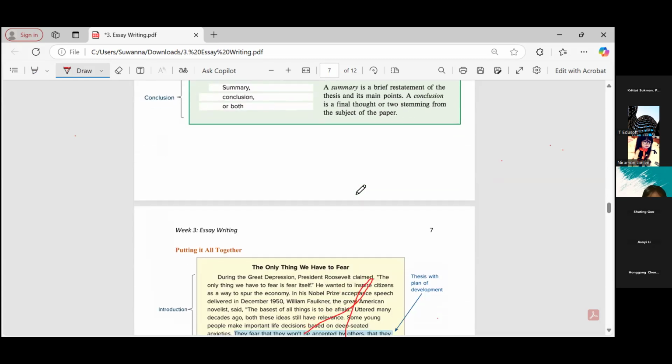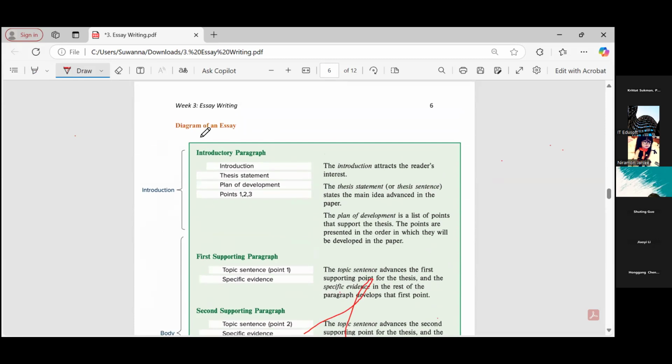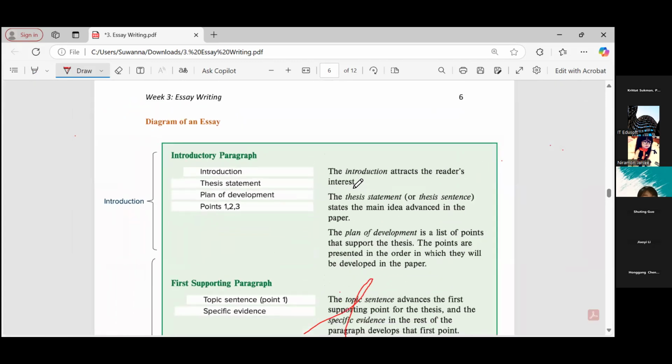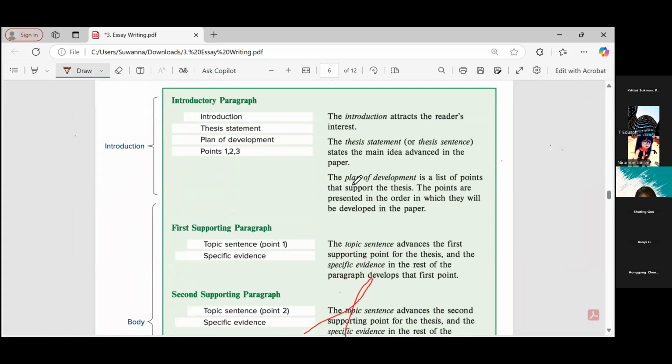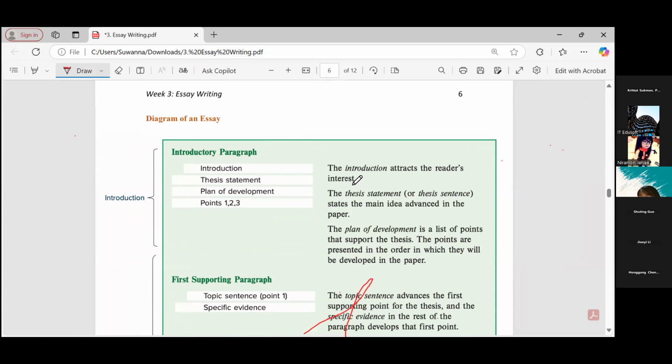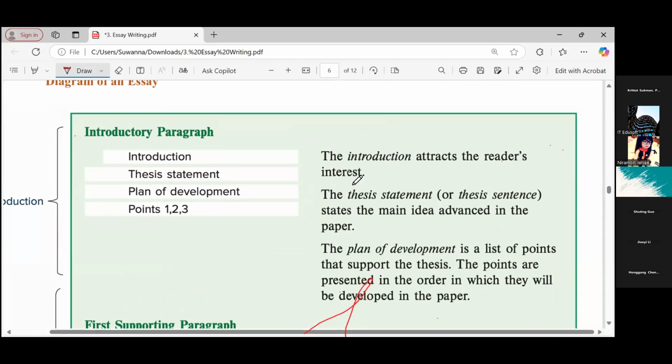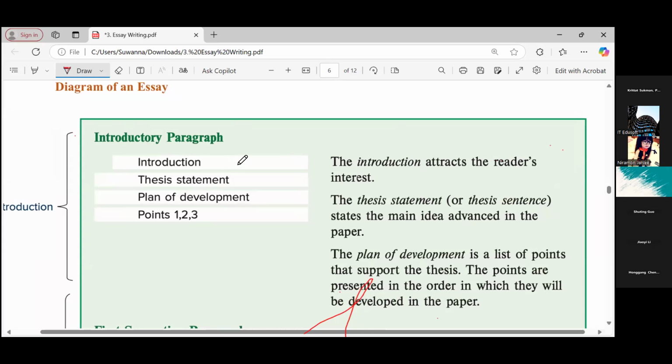Okay, if you are looking at my diagram of an essay, if you follow this diagram strictly, I believe that your essay will be very effective, in terms of writing and development of your ideas. So very quickly, your introduction should start with, of course, an intro to attract your reader's attention or interest.